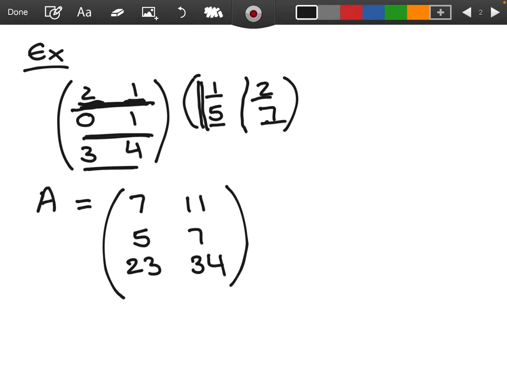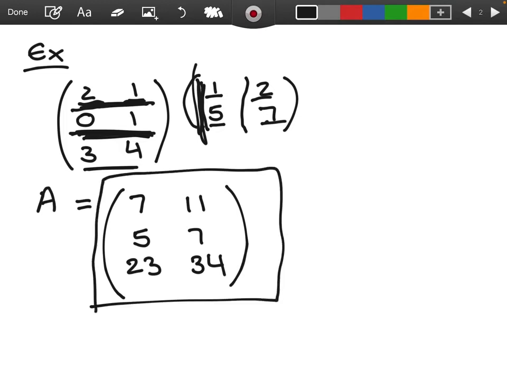And you can figure out which entry you're working with in your resulting matrix by figuring out which row I am on in my first matrix and which column I am on in my second matrix. So for example, when I did my second row and my first column dot product together, that would be my 2, 1 entry in my resulting matrix. So this matrix here is found by multiplying this matrix by this matrix.